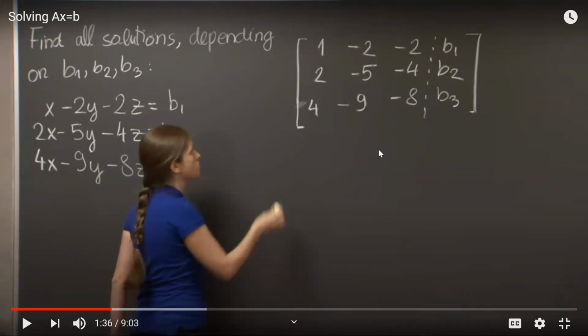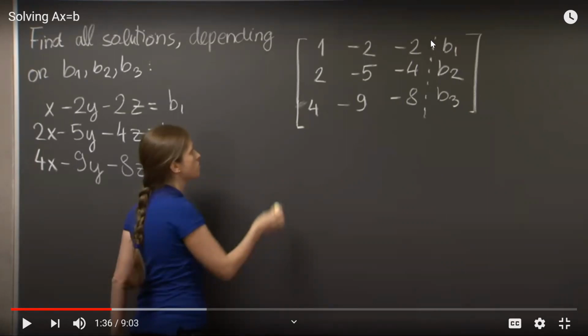Now, how we make the augmented matrix for AX equal to B is that we usually take the coefficients on the left-hand side. So you see here, this 1 came from the coefficient of X, this minus 2 came from the coefficient of Y, this minus 2 came from the coefficient of Z. Similarly, this minus 5 came from the coefficient of Y in the second equation. This minus 8 comes from the coefficient of Z in the last equation.